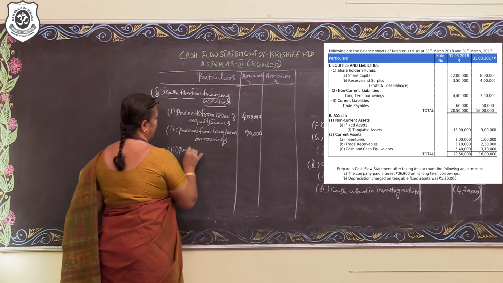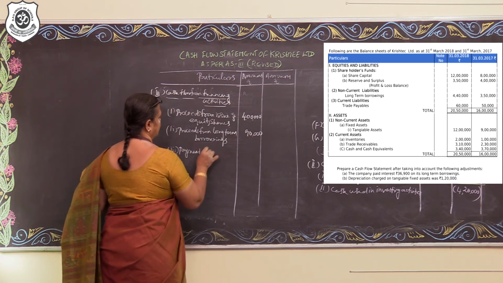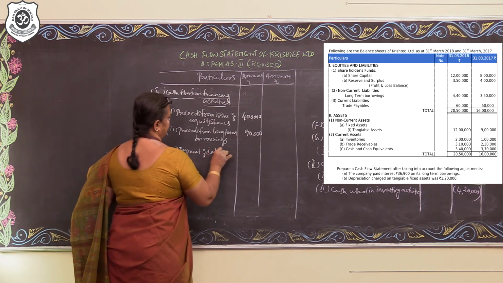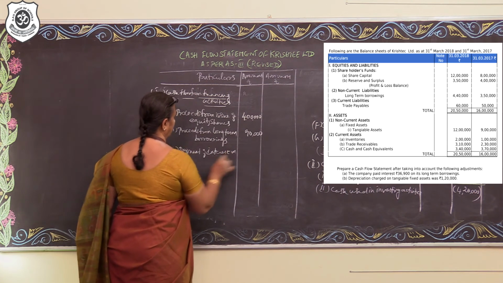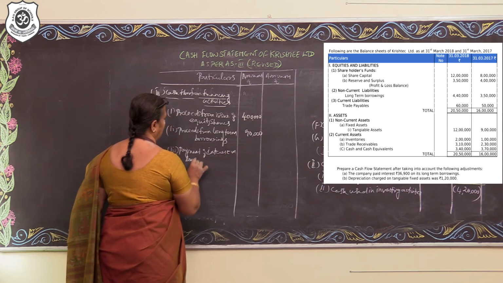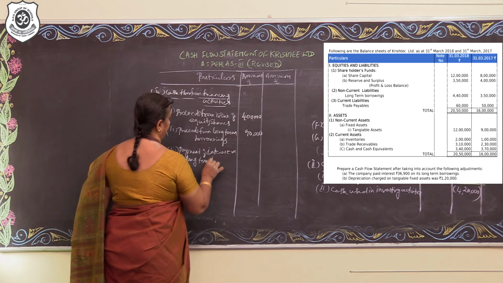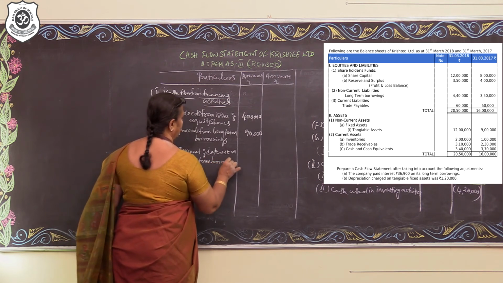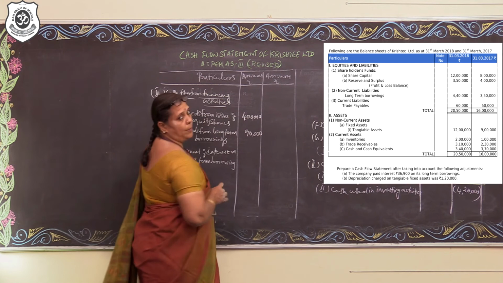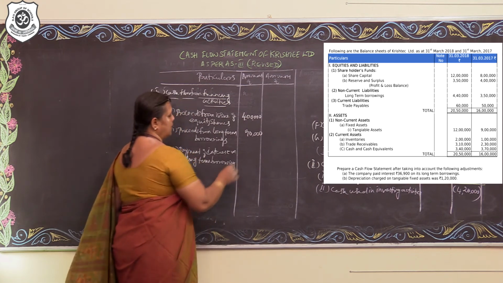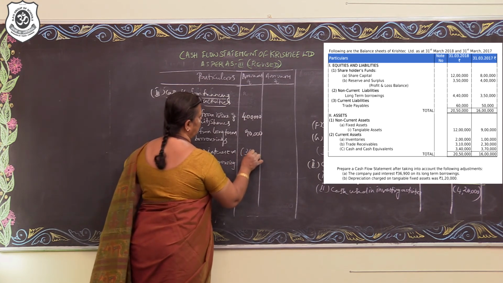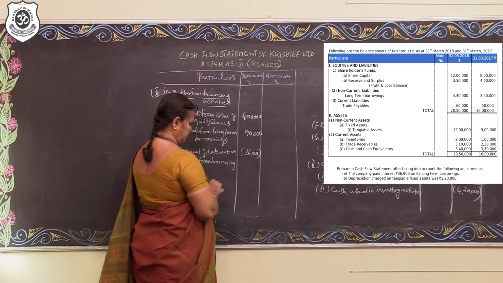Number 3, payment of interest on long-term borrowings, which we have already added as non-operating expense. Now we shall be subtracting that, which gives you 36,000.